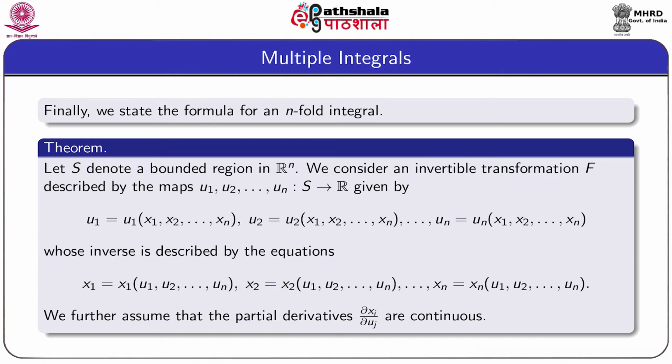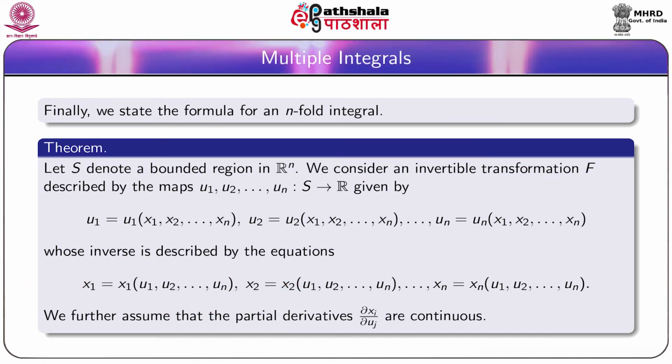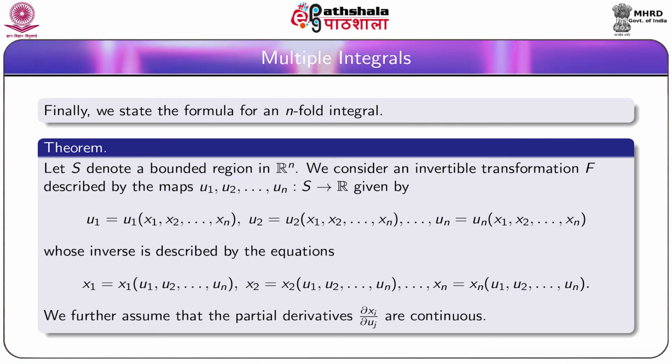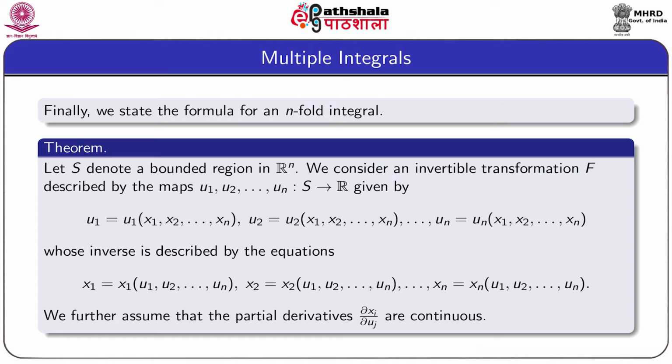We further assume that all the partial derivatives ∂xi/∂uj are continuous. Here we have n squared partial derivatives of this kind.